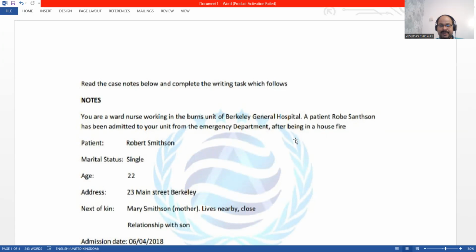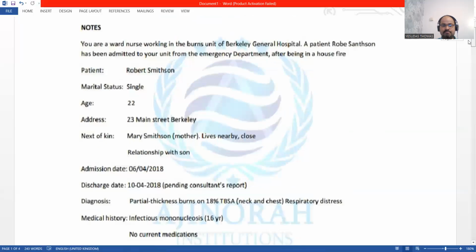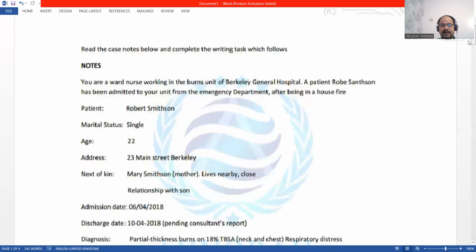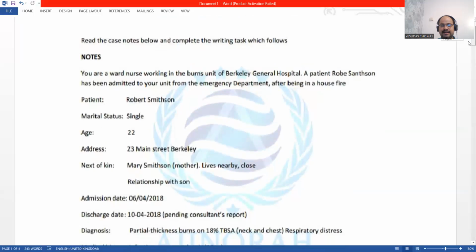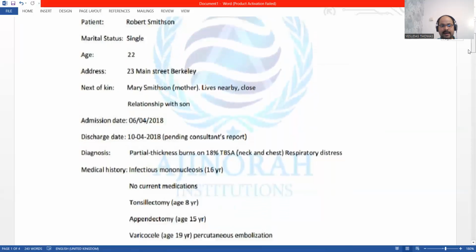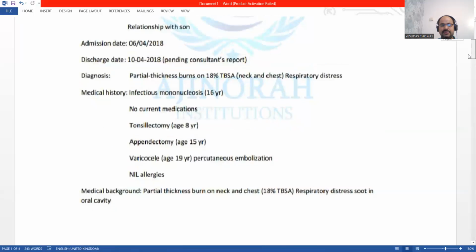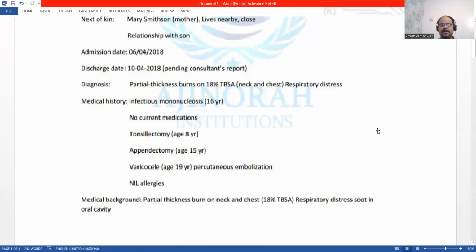So we can correct it as Robert Smithson, a 22-year-old male patient who was admitted on 6th April 2018 due to burns. He was in a house fire and was admitted to the general hospital.